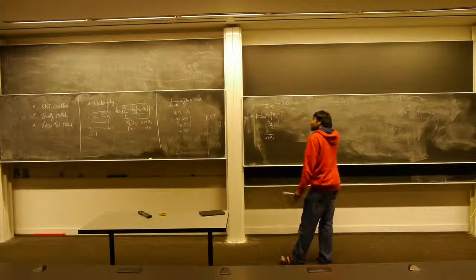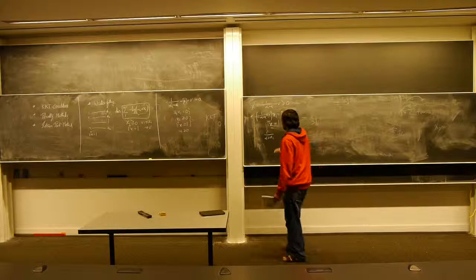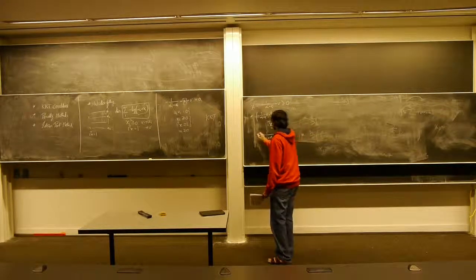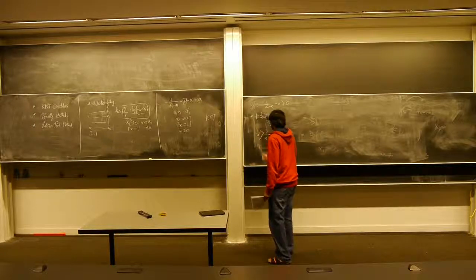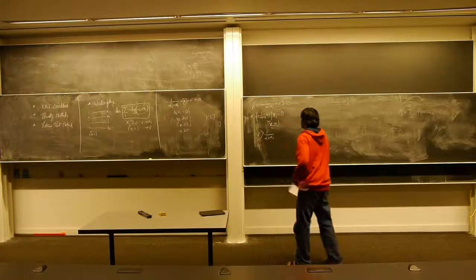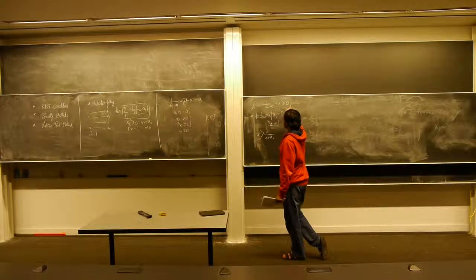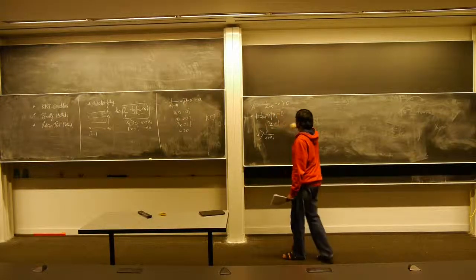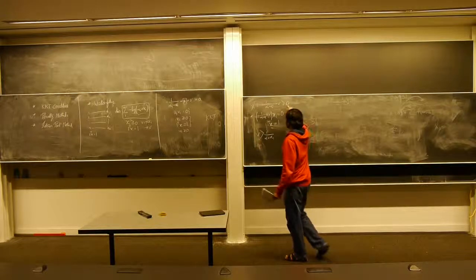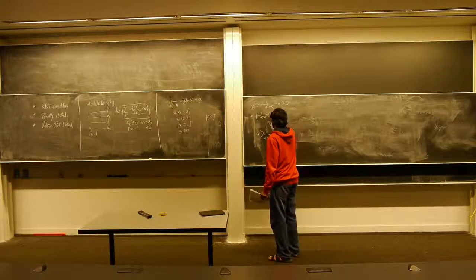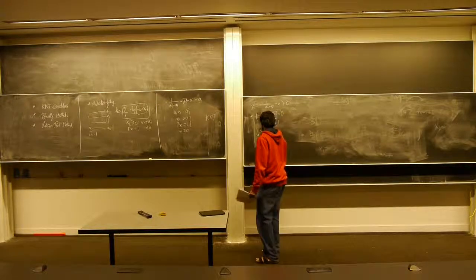Right. So if this condition holds, essentially you are saying that this is greater than this value, so u_i is greater than 0. Then this has to be 0, so in that case x_i should be 0.